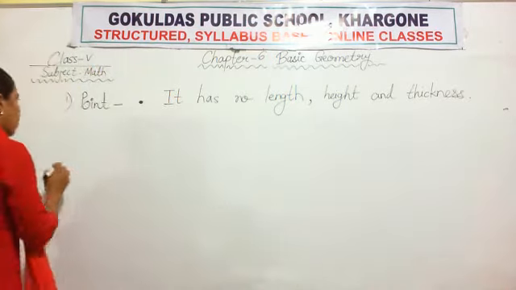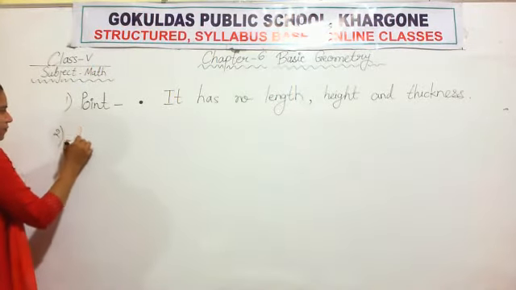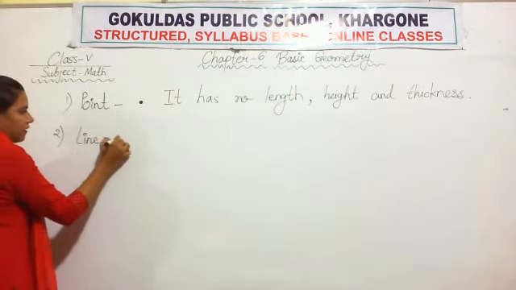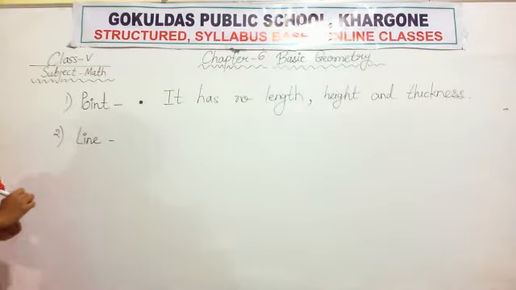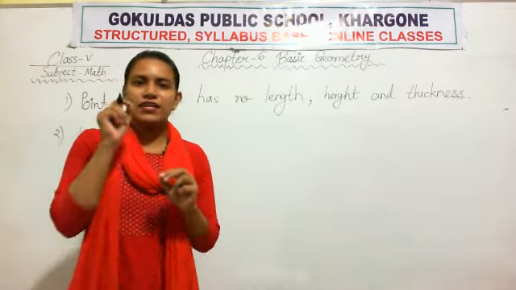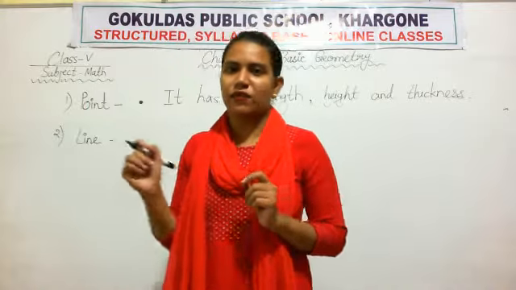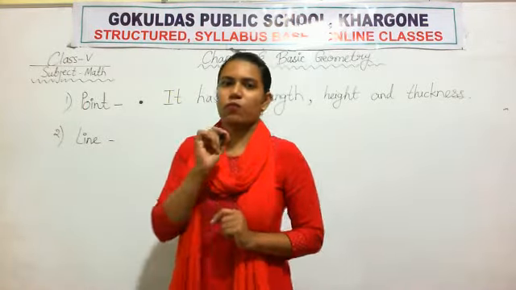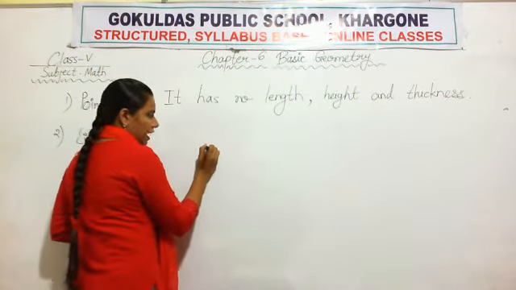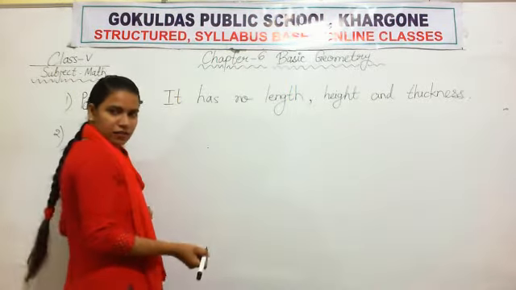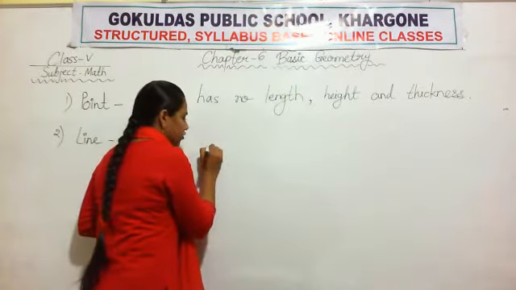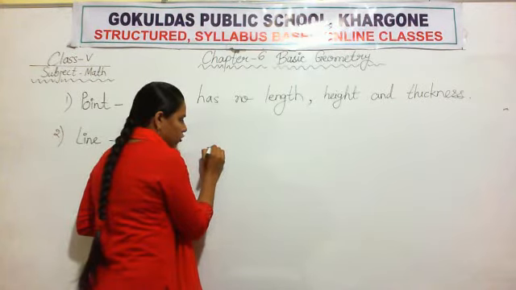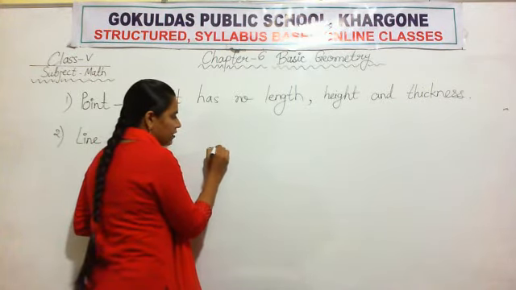Now next is line. When we join small points together, we get a line. When we join so many small points together, we get a line. Like one dot, if I join dots together, I will get a line.